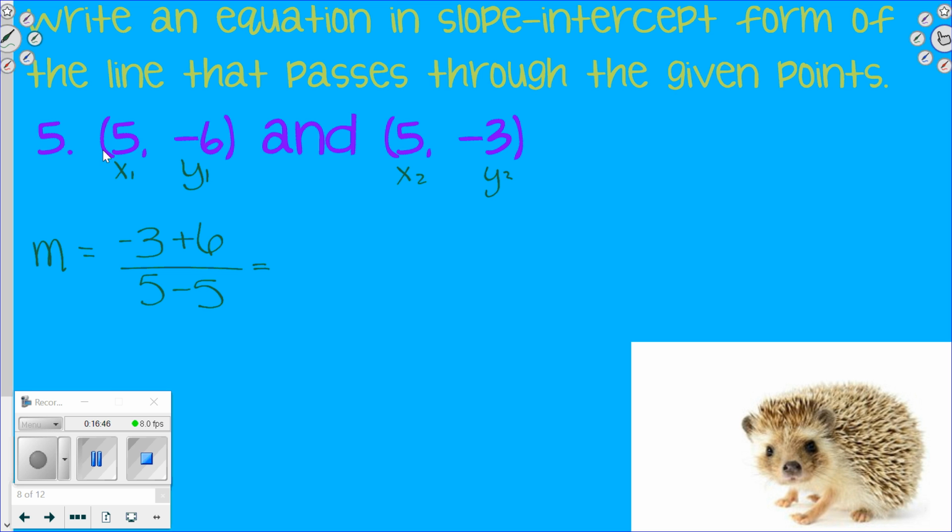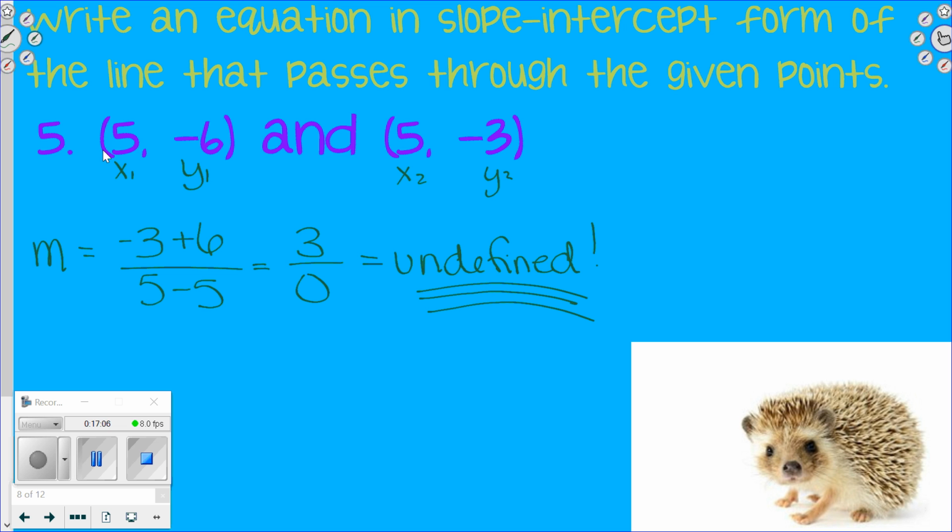Uh-oh. I get 3 over 0, which means my slope is undefined. We're not done. There is an equation that goes through these.